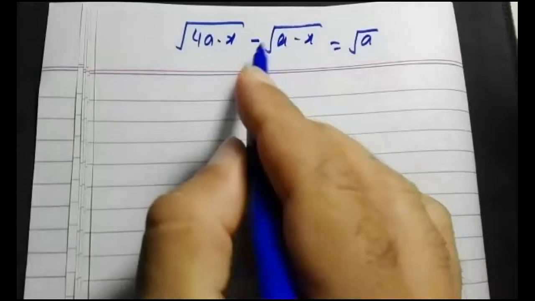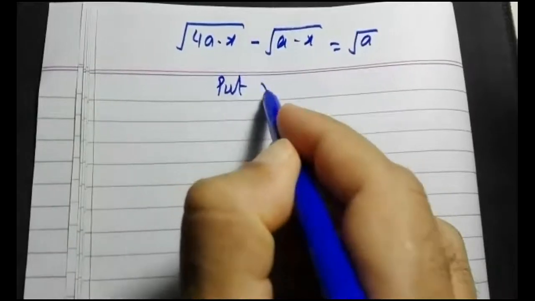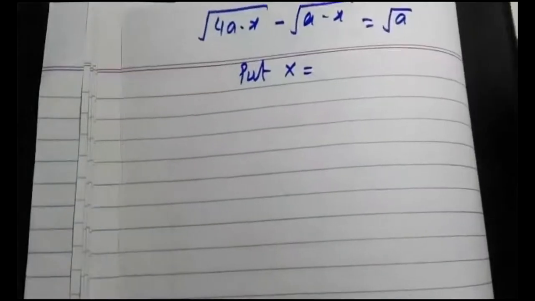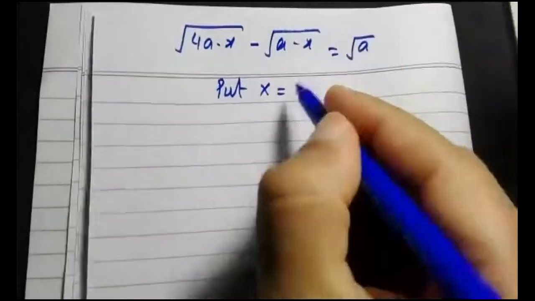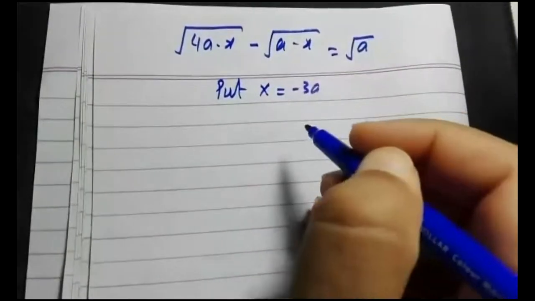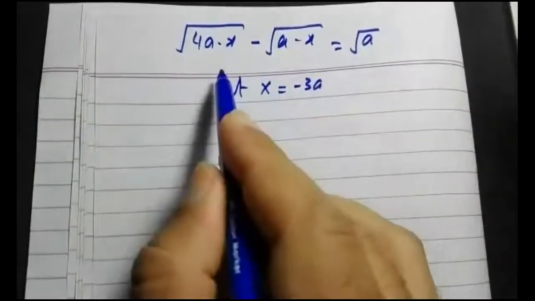So what will you do? Put x equals to minus 3a into the original equation. So we are testing it.